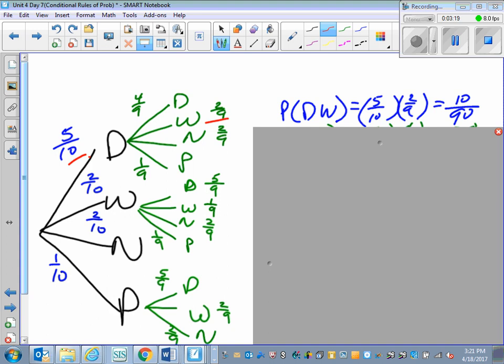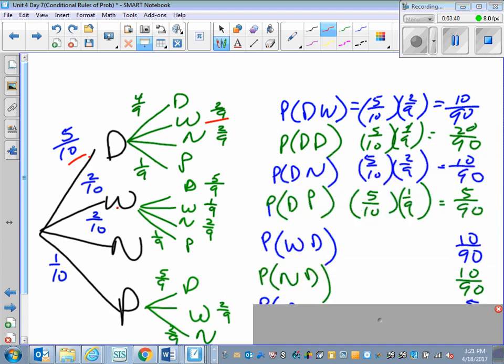So now, the second part asks the probability of at least 1 Dallas ball. So now we need the probabilities of Dallas-Dallas, Dallas-New York, Dallas-Philadelphia, Washington-Dallas, New York-Dallas, and Philadelphia-Dallas.